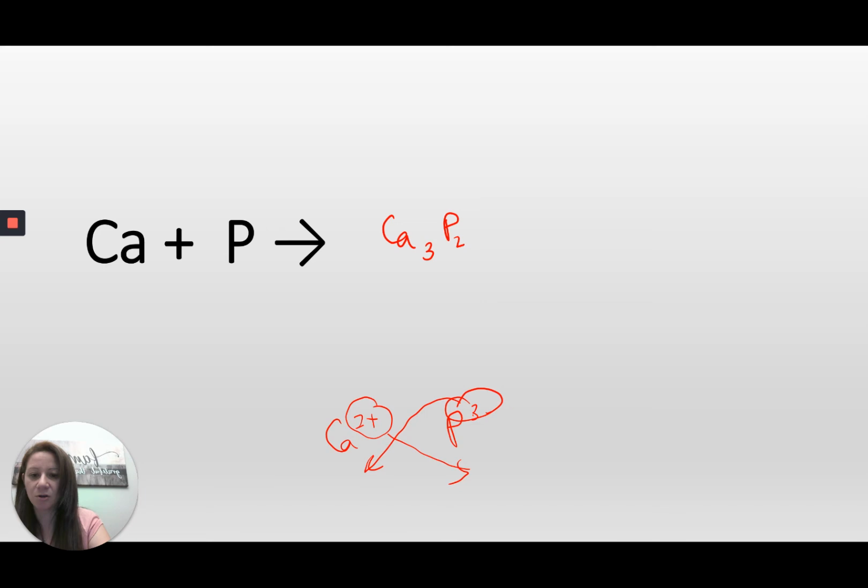I write my product first, and then I make sure that it's balanced. Subscripts are there to write neutral substances, and coefficients, which are the numbers that go here, are used to balance the equation after you've written what your substances should be. In this case, we'd need 3 calciums and 2 phosphoruses.